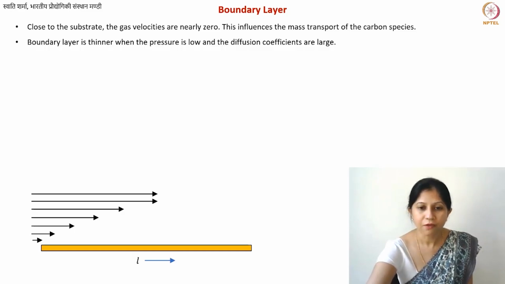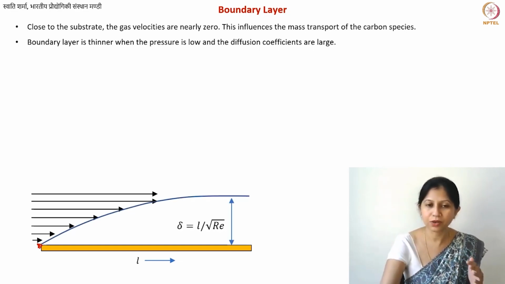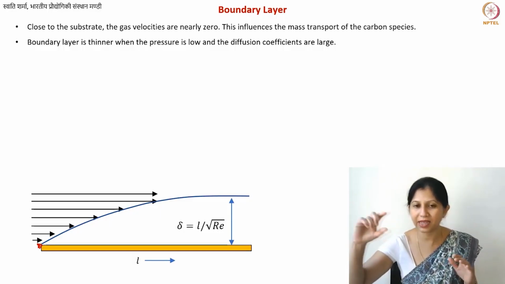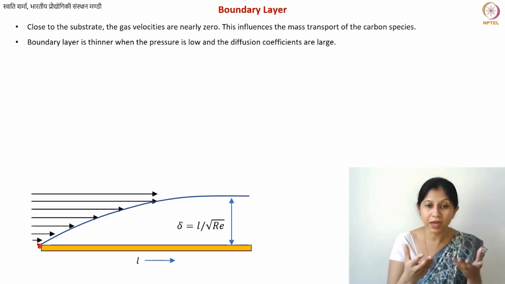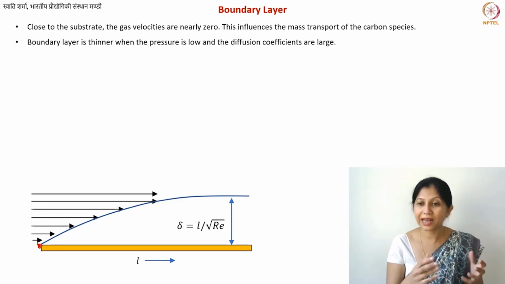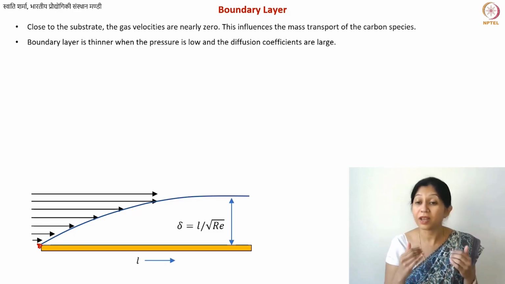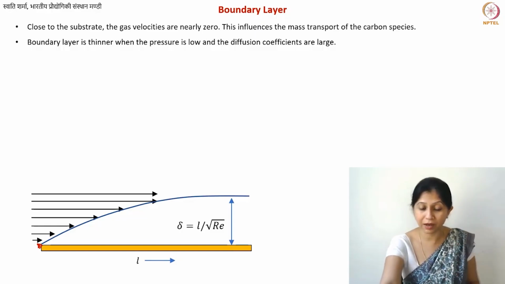So you know that very close to the substrate, let's say here, your velocity is zero. And then it rapidly increases, so you get a profile like this, and this region, this layer, is known as the boundary layer. It is often described by delta, and this delta equals L divided by the square root of your Reynolds number. We also talked about the Reynolds number in the previous lecture.